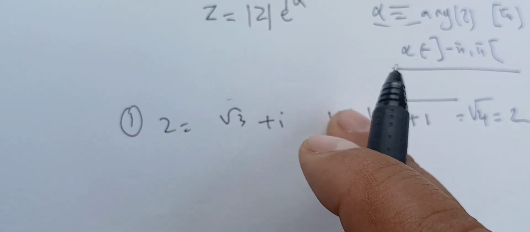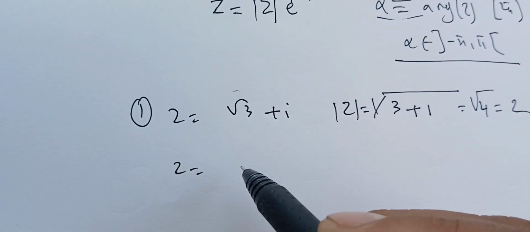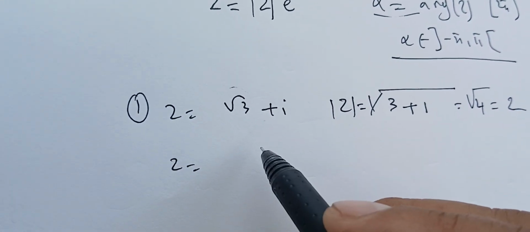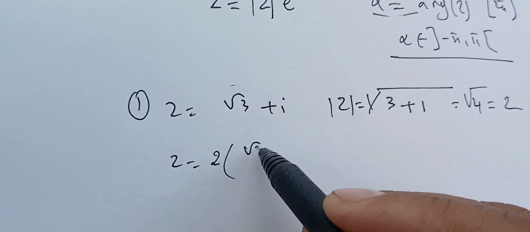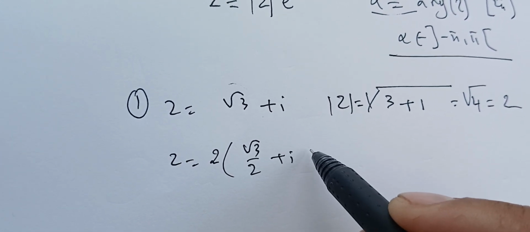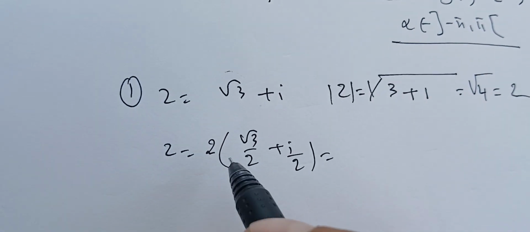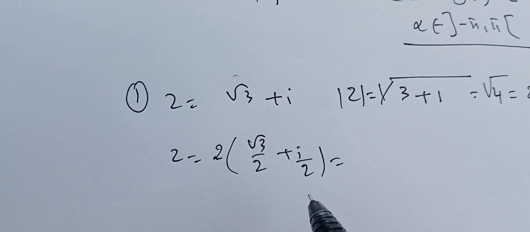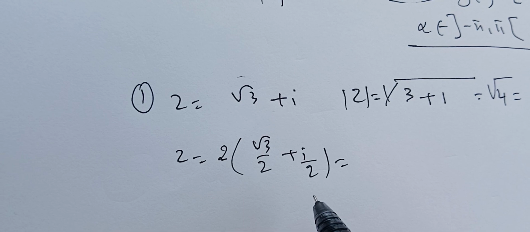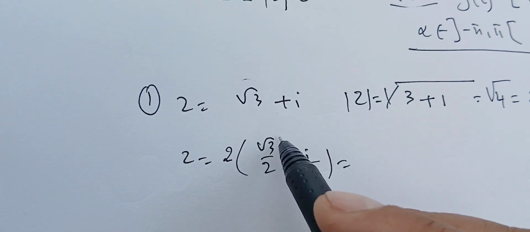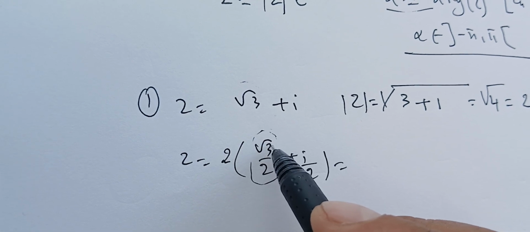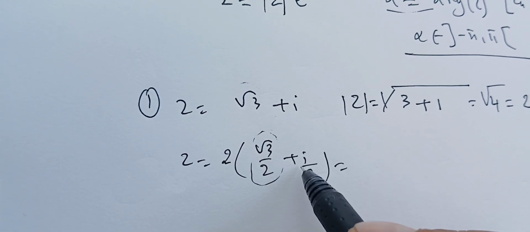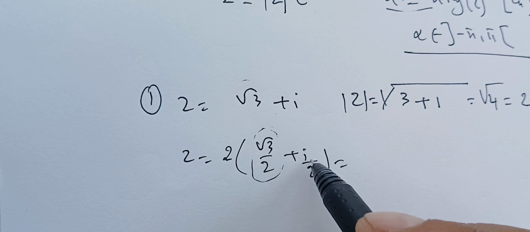So to find this form, we just factor out the norm. So we have 2 times square root of 3 over 2 plus i over 2. In this case, we know that square root of 3 over 2 is the cosine of some angle, and 1/2 is the sine of that angle.